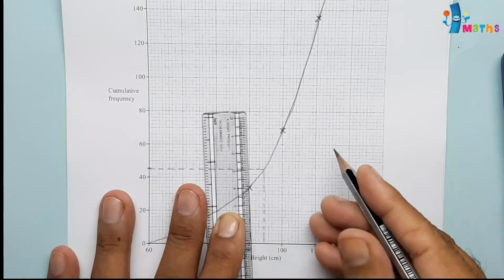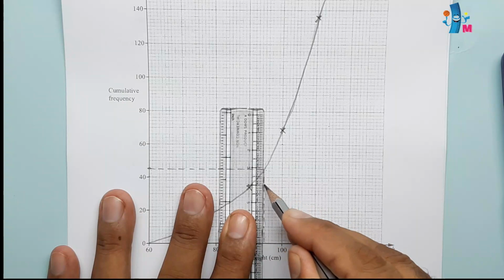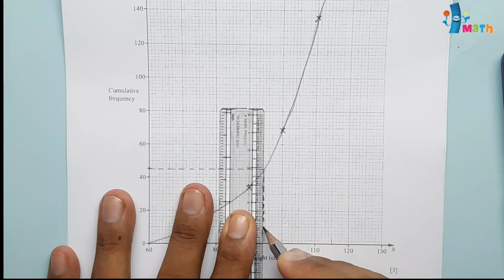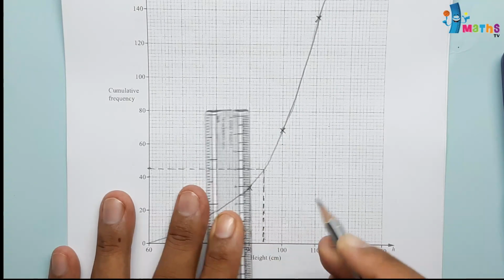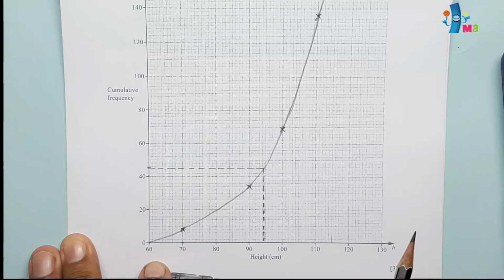Hopefully you are following everything I'm trying to explain. Cumulative frequency diagrams require more explanation. So this is the 25th percentile which we have done.